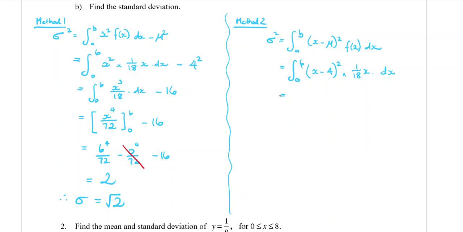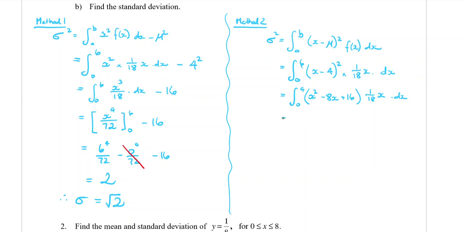I'm going to expand it so that I can integrate it. First of all, expand the bracket with the squared on it. So you're doing x times x is x squared. Double the middle would be negative 8x, and 4 times 4 is 16. That still has to all be multiplied by the 1 over 18x dx.